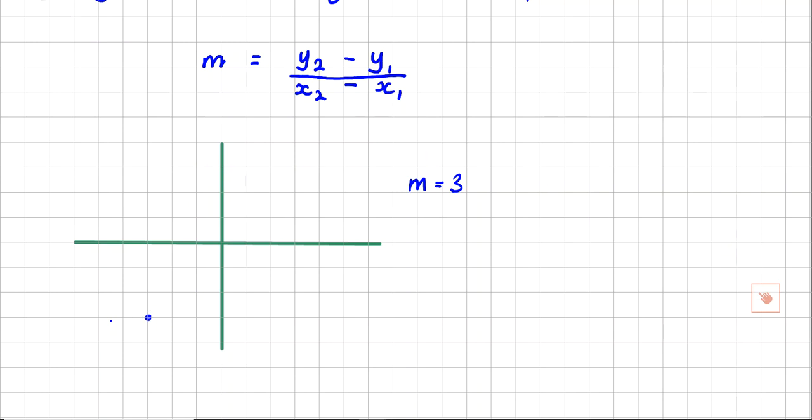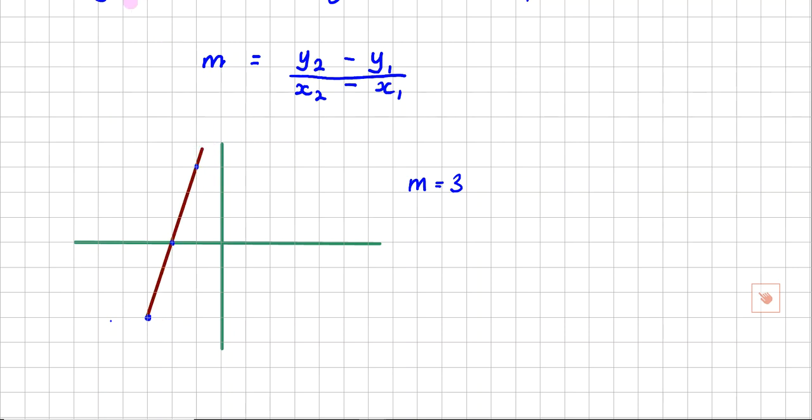So for every 1 in x, I have to go up 3, because 3 divided by 1 is 3. You'll notice that 1, 3 or 2, 6 is like doing 1, 3, 1, 3. So my line will go through those points.